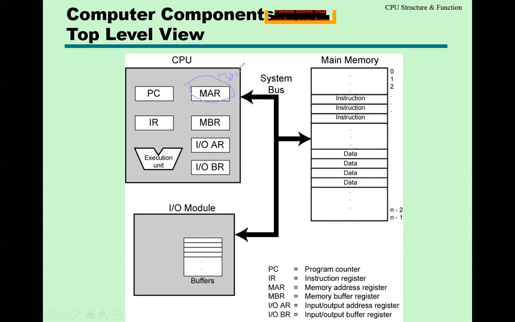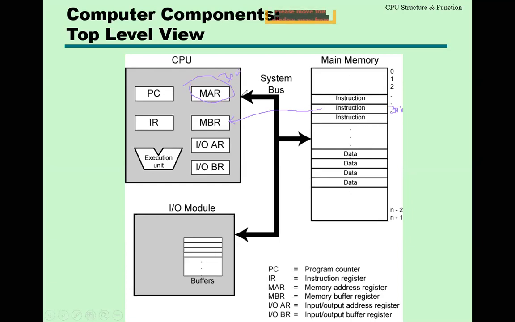Now suppose at 300, this is the instruction. So this instruction will be loaded into the MBR, memory buffer register. As I told you, instruction and data are treated the same because both are binary.